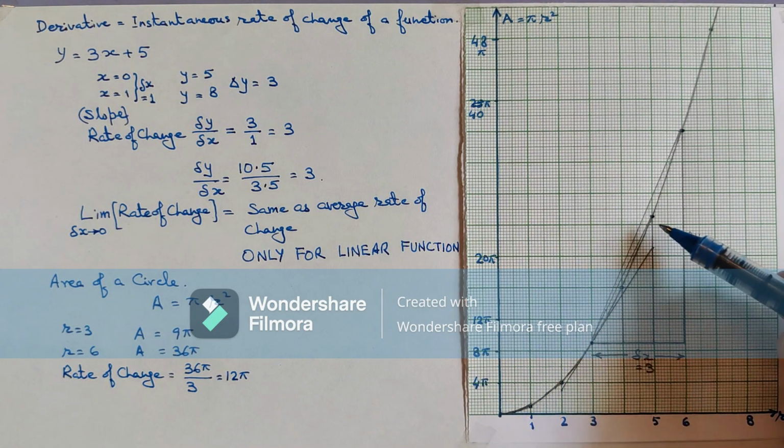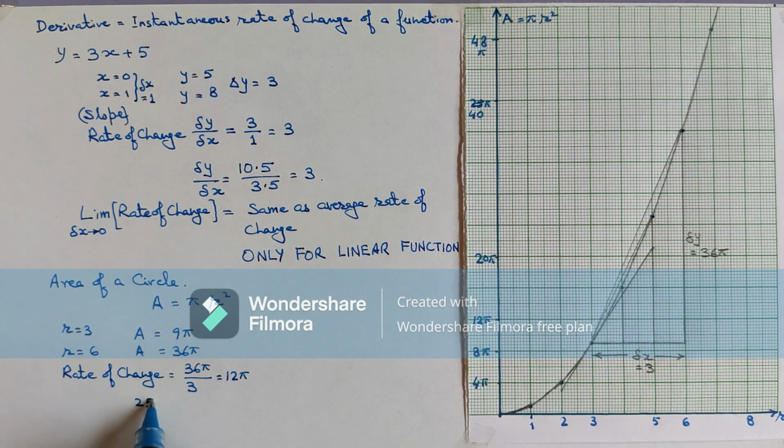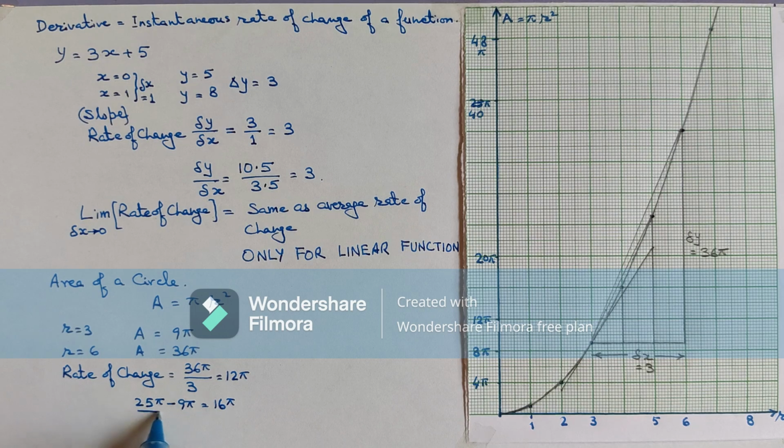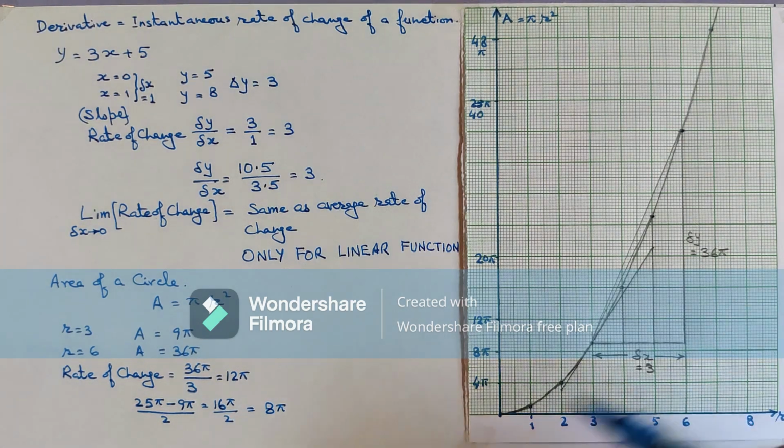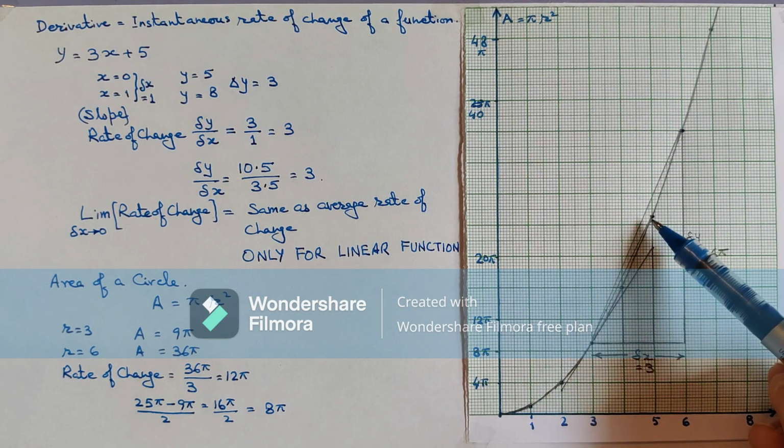So now I am talking of average rate of change from this point to this point, which in this case delta y is 25 pi minus 9 pi, which is 25 minus 9, 16 pi, divided by 5 minus 3, that is 2, works out to 8 pi. So the rate of change for this pair of points is 8 pi.